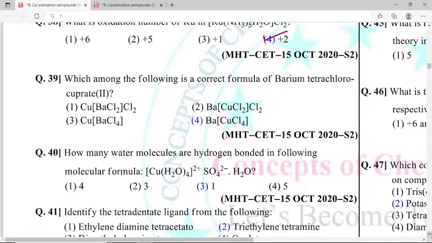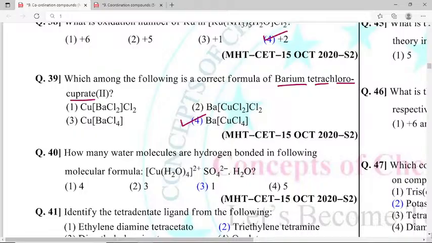Which among the following is the correct formula of barium tetrachlorocuprate? Cuprate stands for the anionic complex. So option number 4 is the anionic complex. Oxidation number is very important. Balance the oxidation number.